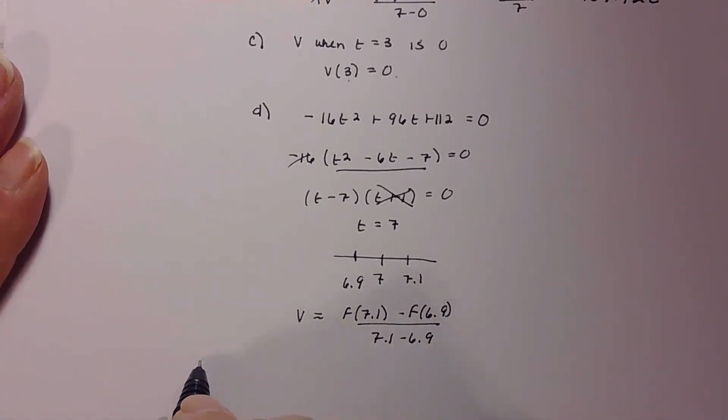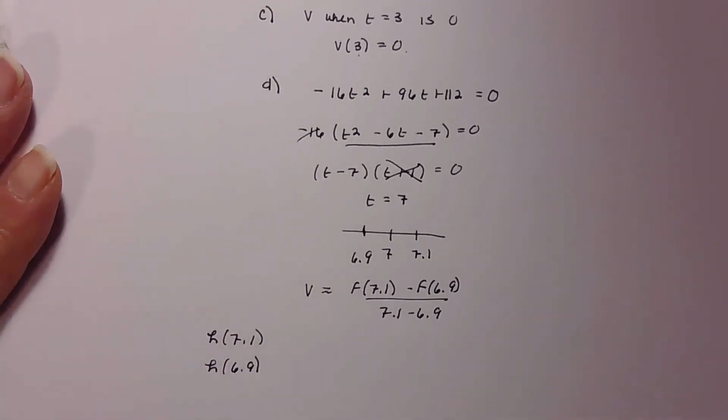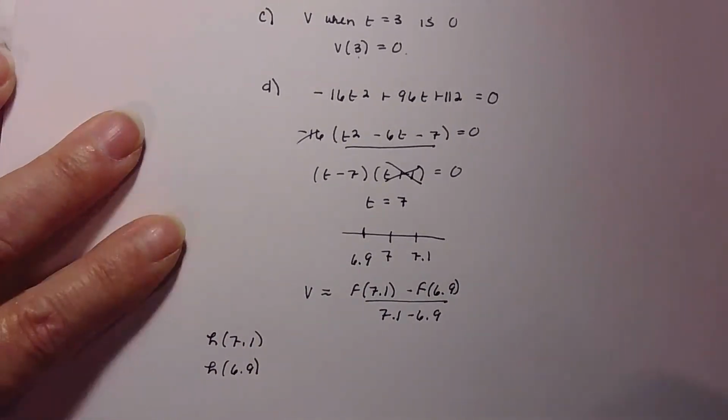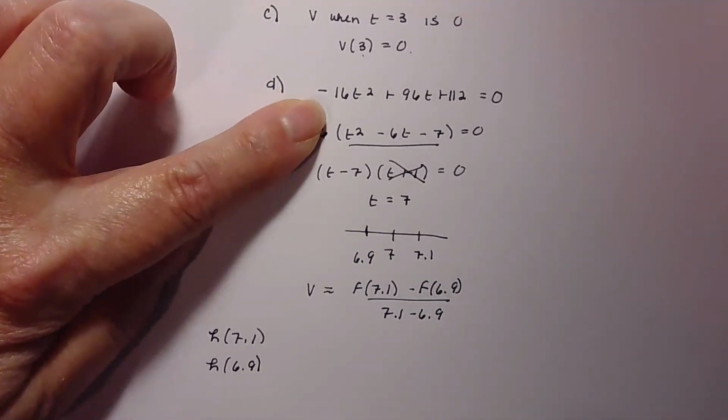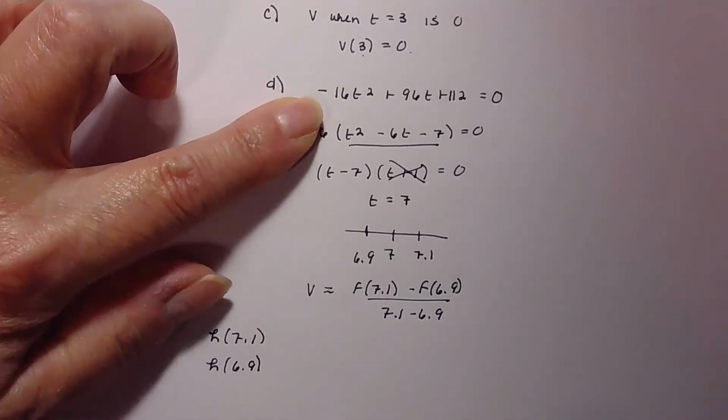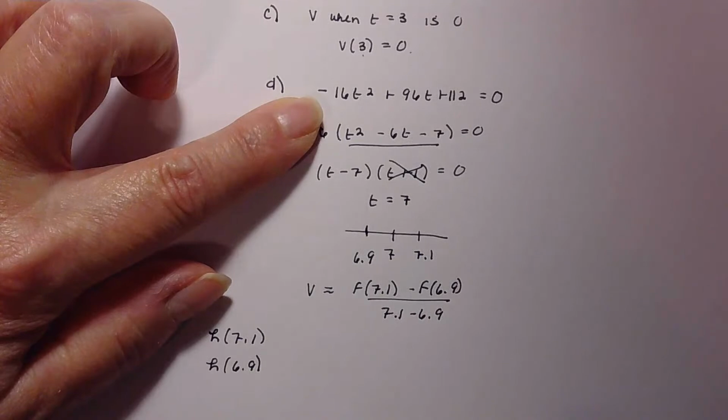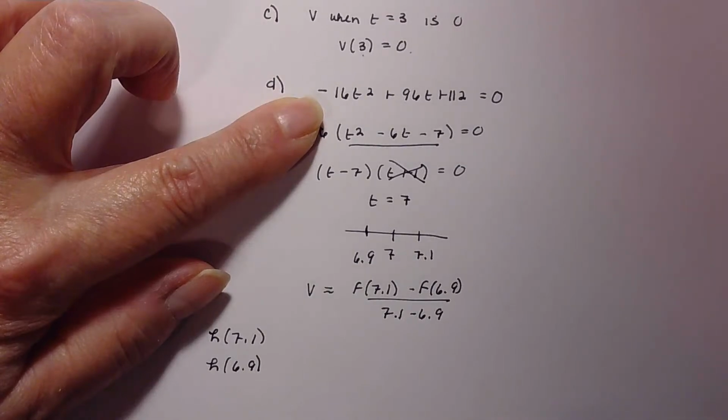I'd have to compute h of 7.1 and h of 6.9 in order to do that. So let's compute it.